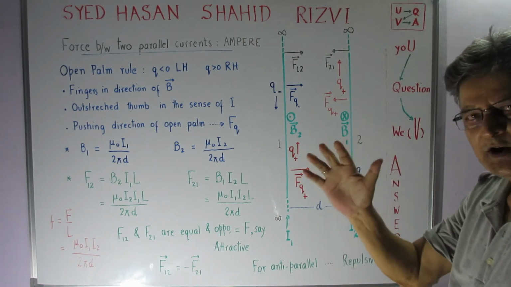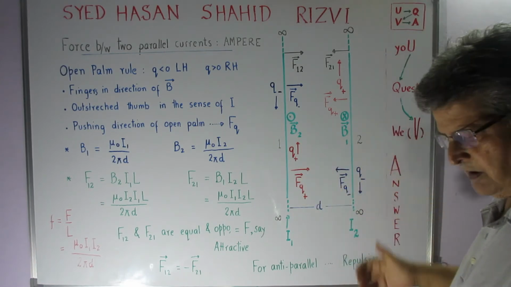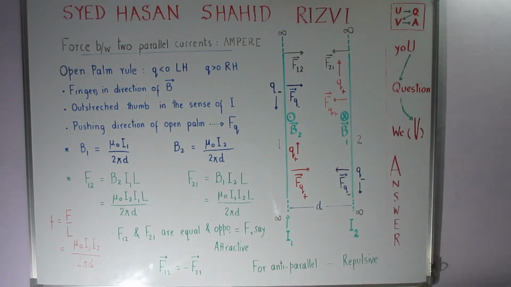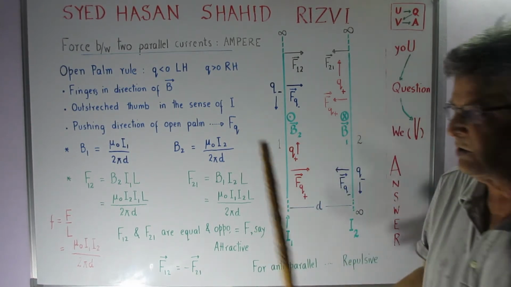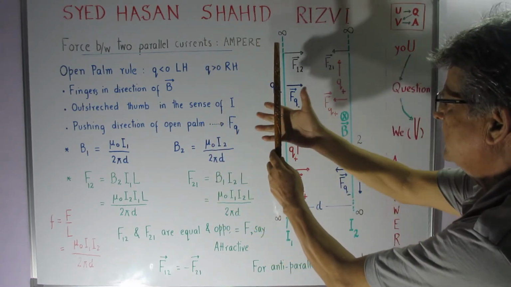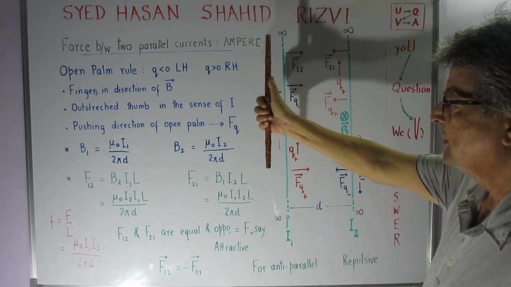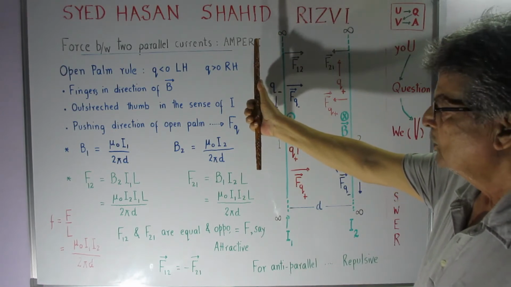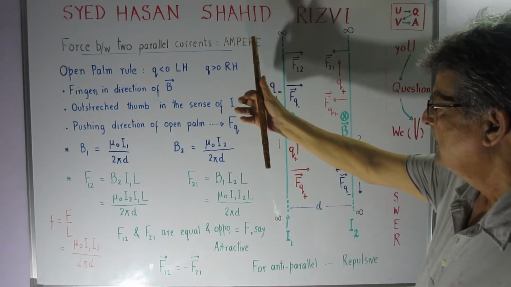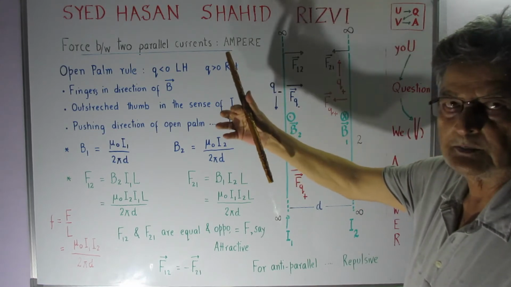So there is the right hand rule. I hold the wire, which is carrying current like this, in my right hand, with my thumb in the direction of the current. What happens is that the magnetic lines of field, on this side, will be out of the board.